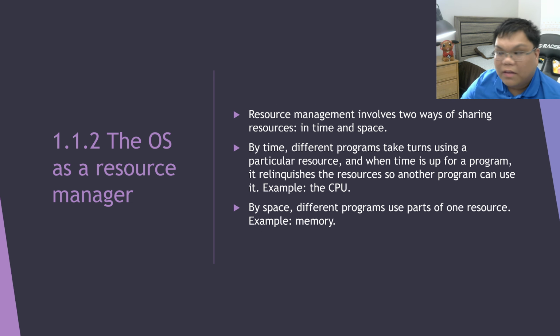So, resource management involves 2 ways of sharing resources: in time and in space. Space-time. A little bit weird that we're talking about time and space now. By time, I mean different programs take turns using a particular resource. And one of the best examples that you'll ever learn in operating systems is the CPU core.